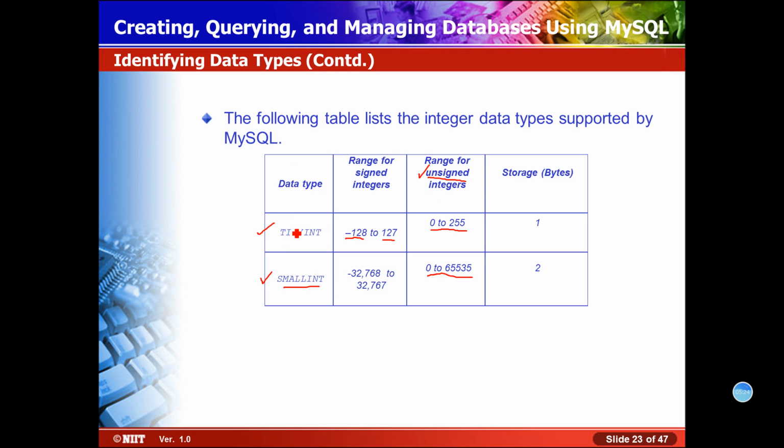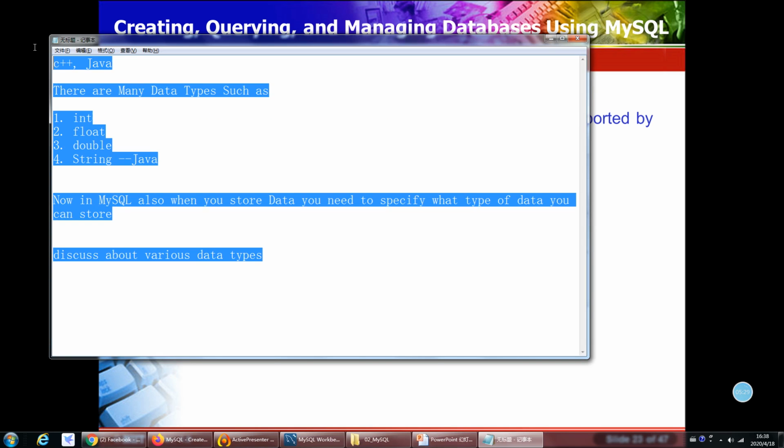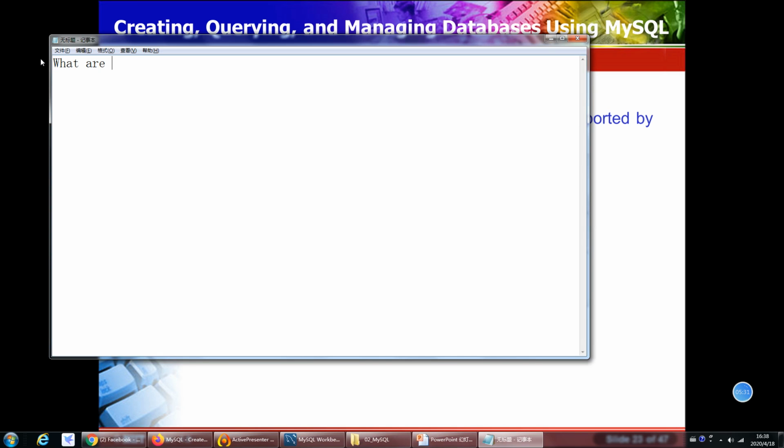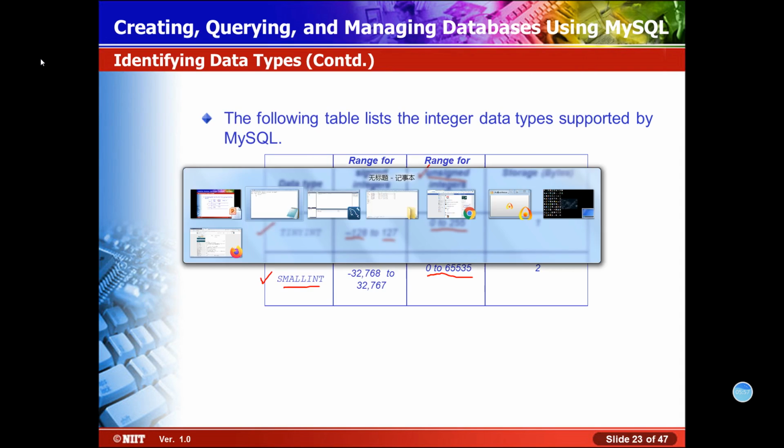So this is a data type and you need to remember this. In fact, you can write down one question. What are different types of integer data type? Okay, the answer is there are two, such as one is tiny int, and the second one is small int.